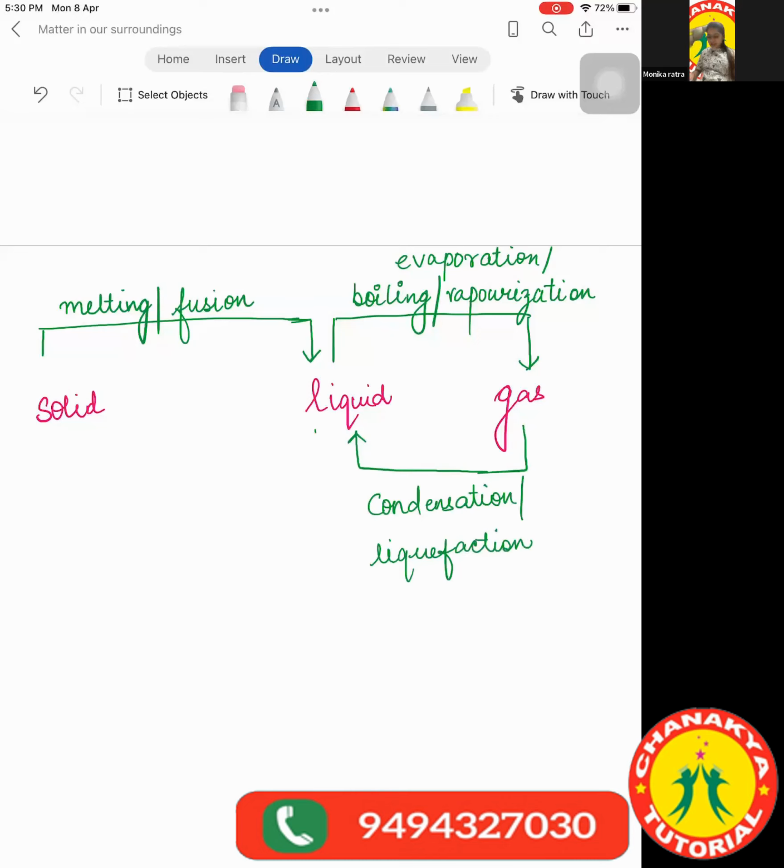Then the next is the conversion of liquid to solid. This again has two names. The first name is solidification and the other name is freezing. Children, first of all, tell me if you have any doubts in any of these names which I have written, then I am going to tell you the other two terms which are related to these.